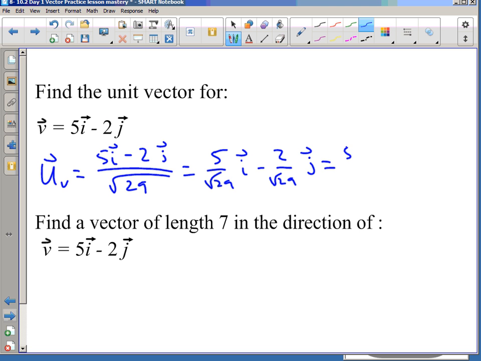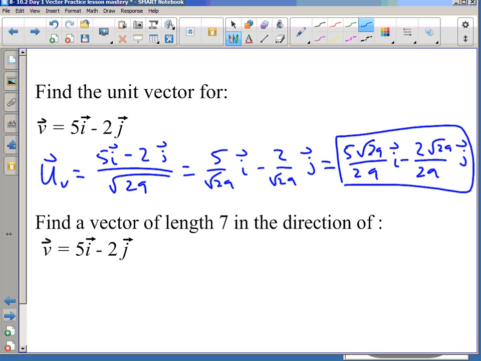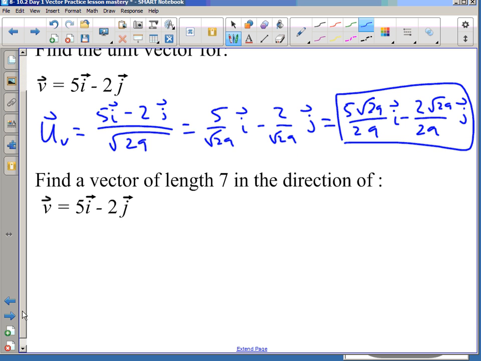So we get 5 root 29 over 29 i minus 2 root 29 over 29 j. Right, so there's our unit vector. To make a vector in the same direction 7 units long, we simply take 7 times the unit vector.